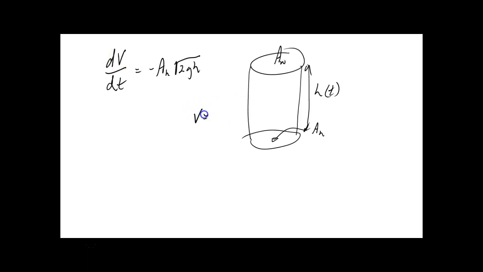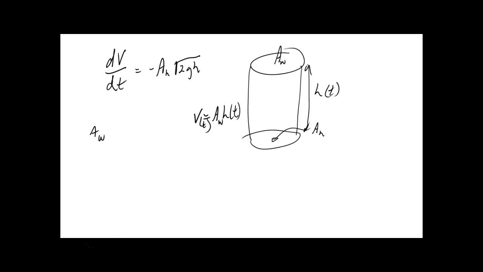So V is equal to A times h, but h is a function of time, so V is a function of time, and that's why you can take a derivative of it. So if you include that in the problem, where this is A sub W, that's a constant, as long as it's a cylindrical tank.